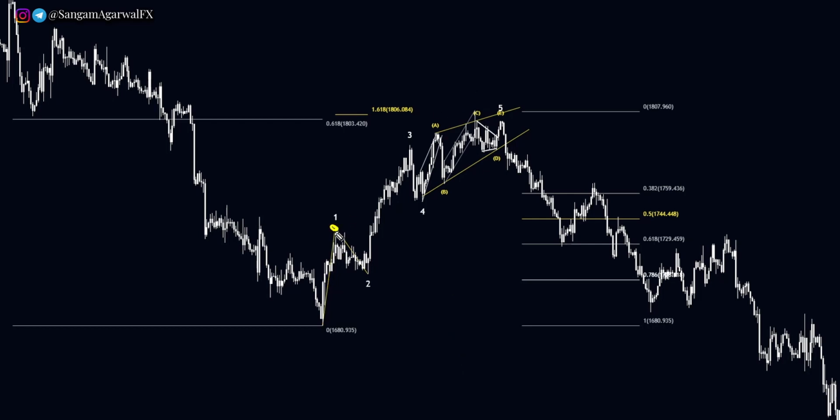So from this top your correction starts and we call it wave 2. When this low of wave 2 was made, there was the Fed FOMC meeting and the Fed confirmed that the next trend of gold will be bullish. So you know that nothing can stop gold from going up.